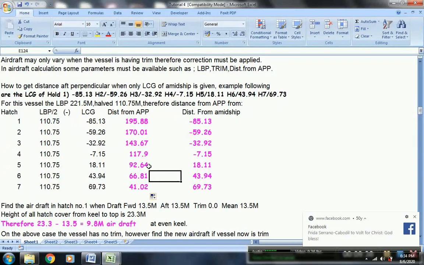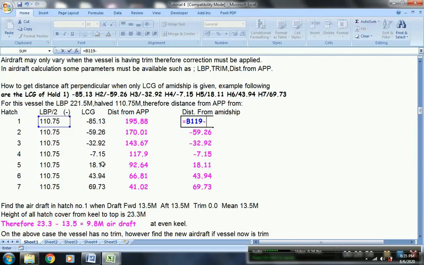Now to check, we will reverse the process. To find the distance from amidship, we will go back to the original LCG. By checking, we'll do it this way: equals 110.75, that is the length between perpendiculars divided by 2, minus the distance from the perpendicular, then you'll get that distance.